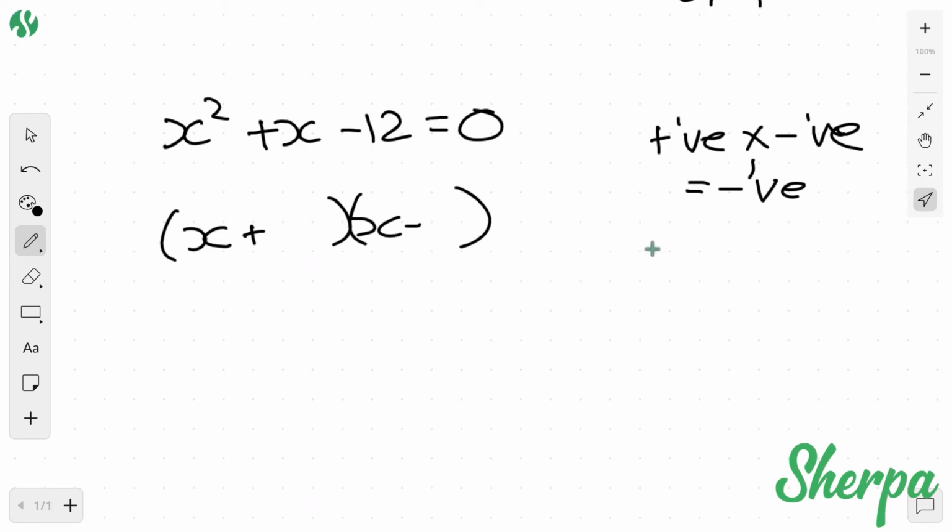So again, looking at the factors of 12, I take 1 and 12, 2 and 6, and 3 and 4. This time, I need to decide which of these two factors can be added together with one positive and one being negative to equal 1. So if I did 12 minus 1, I'd get 11.